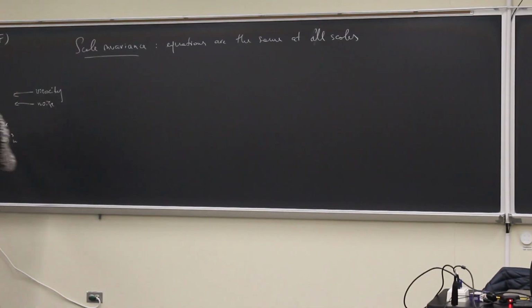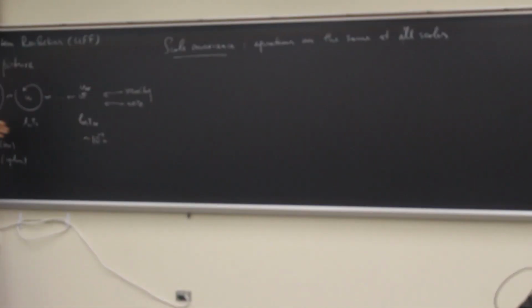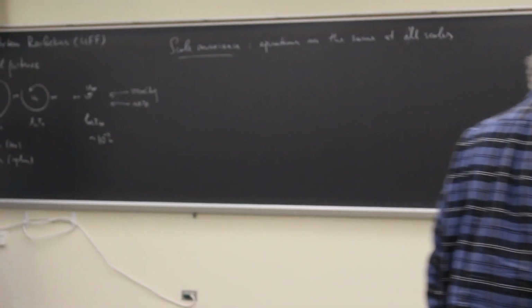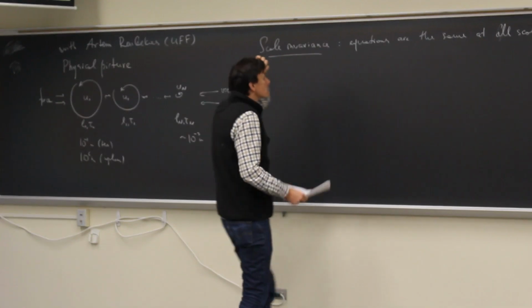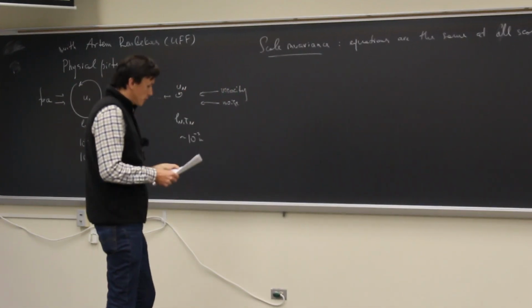Of course, it's here in the middle. So something becomes different at the larger scales because the cup has a certain dimension, and something becomes different at very small scale. And in which sense are the system's equations the same at all scales?